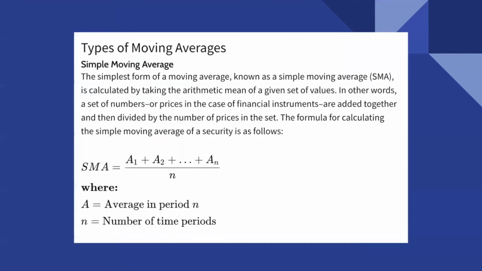A moving average is a calculation where we add up the close price for each day over a number of time periods, and then divide by the number of time periods, like 20 days, 40 days, 60 days.